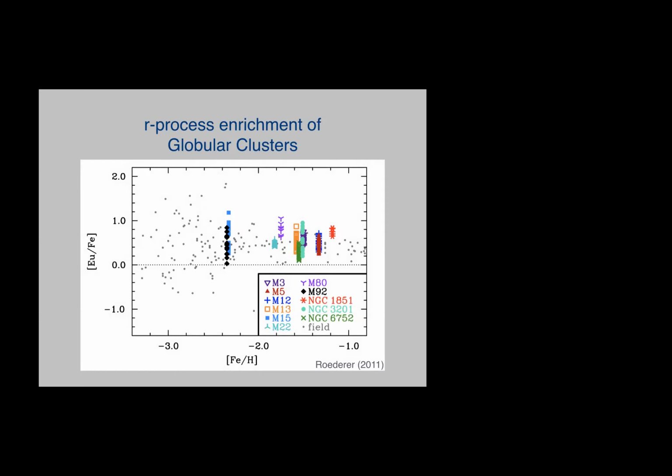If the source is a neutron star, it's exceedingly difficult to make sense of this distribution because the gas that made the globular cluster needs to be homogeneous.